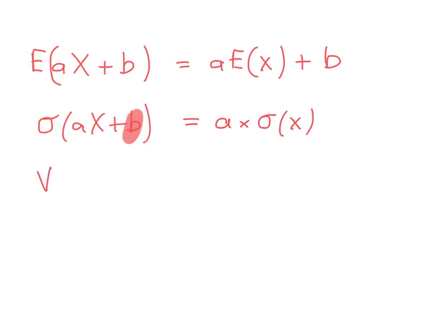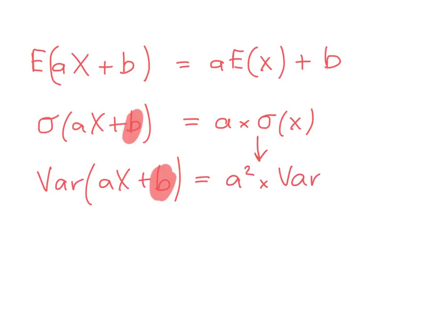Now, remembering that the variance is just the standard deviation squared, the variance of ax plus b, remember the b is not going to make any difference at all, but the a is. In this case, because we could just go straight from here to here, we know if we square the standard deviation, we get the variance. So this is just a squared times the variance of x.